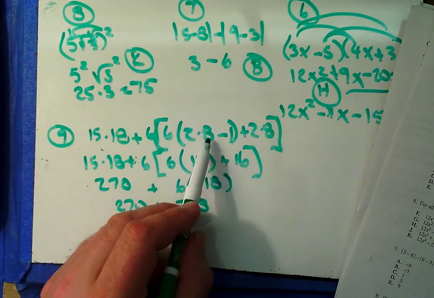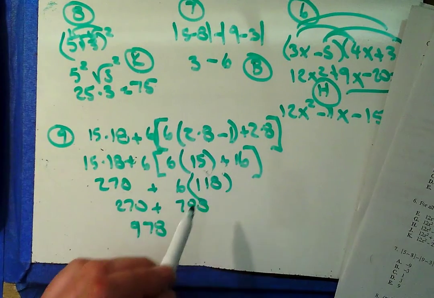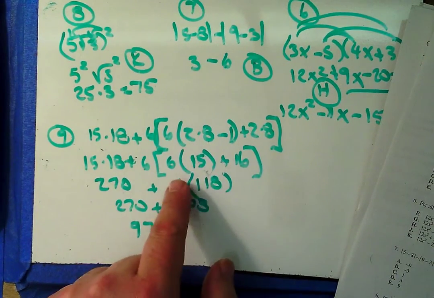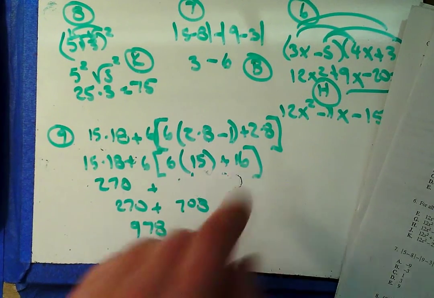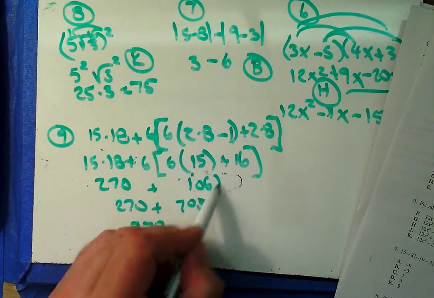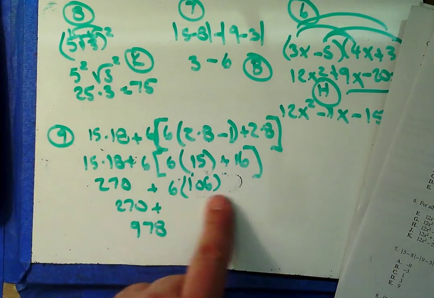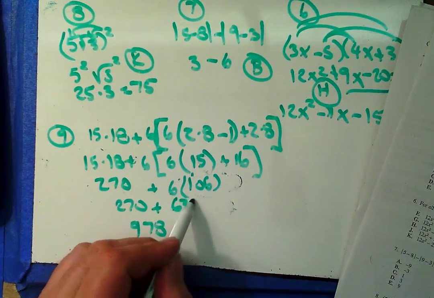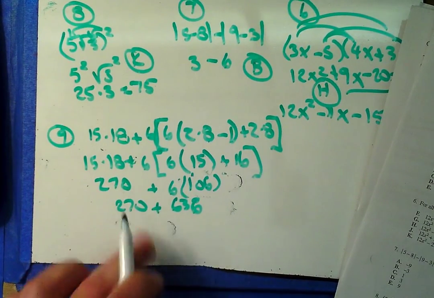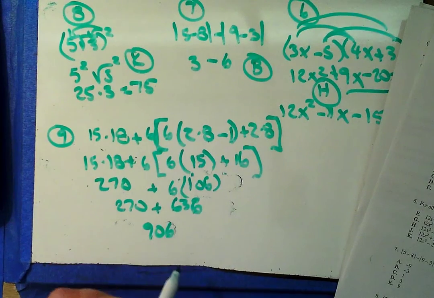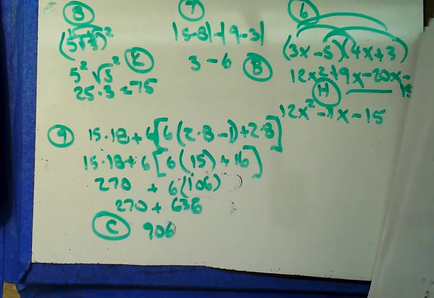Okay, 8, oh, that's 15. I did plus 1 instead of minus 1. So that's 106, 106 times 6, which is going to be 636. So 906. And that's choice C. Watch out for little sign mistakes.